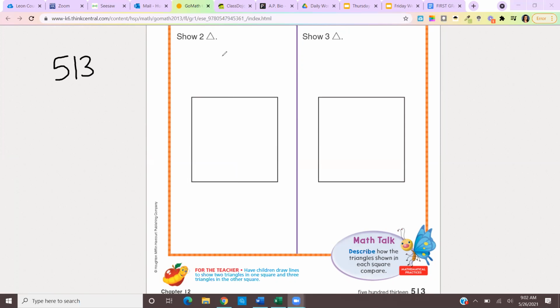No, so we can't do that. Does this show 2 triangles? No. Okay, well, let's try something else. Does that show 2 triangles? Yes. So to break a square into 2 triangles, we have to draw a line from the top left corner down to the bottom right corner.